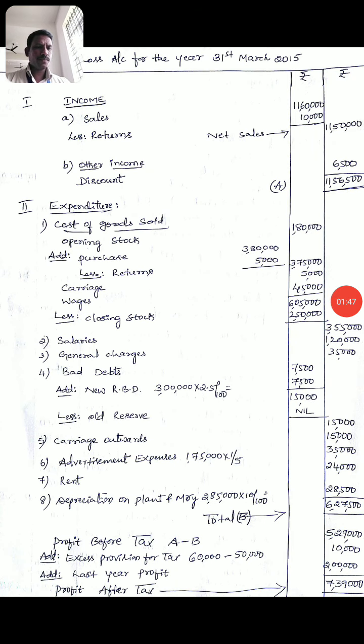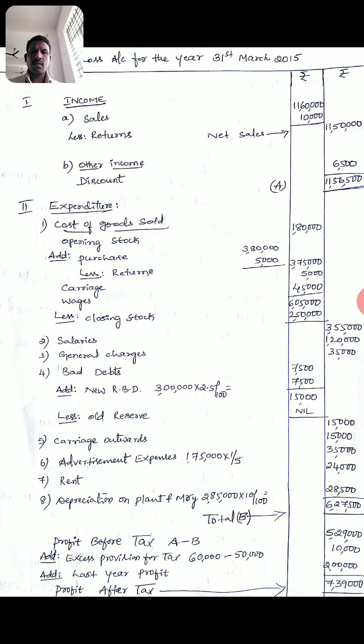Next we move on to expenditure. Under that, number one is cost of goods sold. Under that, first we should take opening stock of 1,80,000 in the inner column.